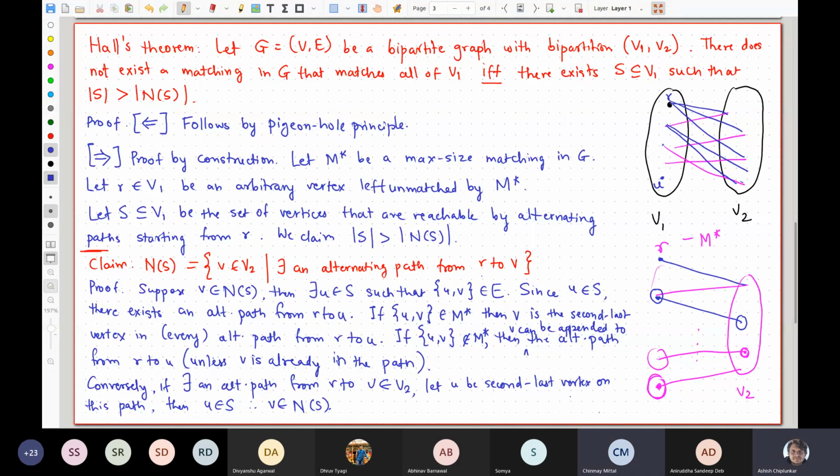So in particular, a single vertex is a path. Okay. If that is not clear, maybe I should write the set of vertices that are reachable by alternating paths starting from R and including R. Let me make it explicit if you like. Okay.